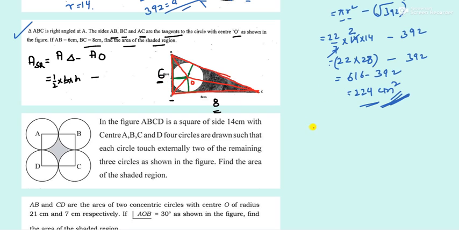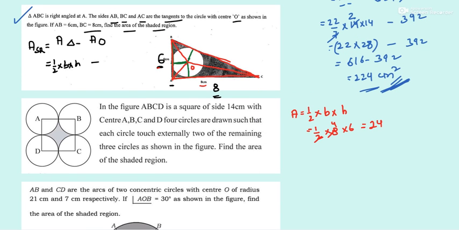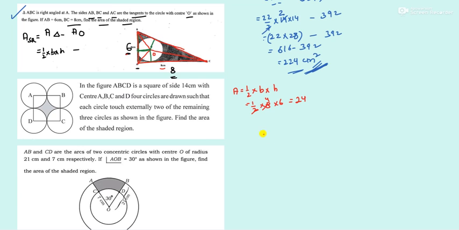So I can write the total area is how much? Half into base into height. Half into what was the base? It is 8, from this side, and the height was 6. On solving this you will get 24. So the total area is 24. Now in this figure, the total area will be the sum of the three triangles.